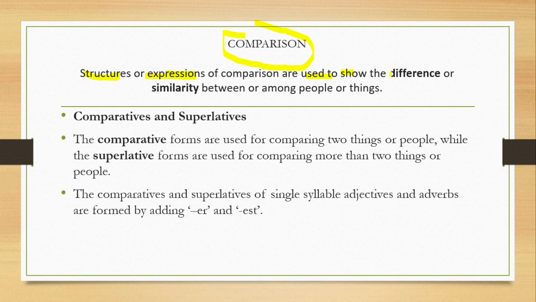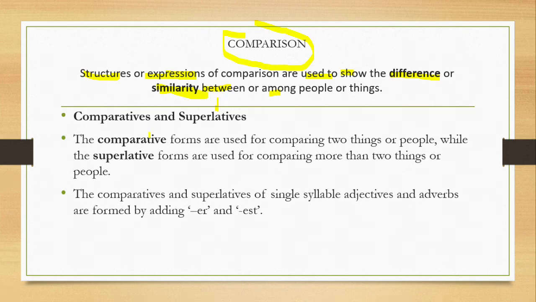To show difference or similarity between or among people or things. We are using between when we are talking about two things, and among when we are talking about more than two things, starting from 3 going upwards. So when you want to show the difference or the similarity between or among those things, then you use the structures of comparisons.